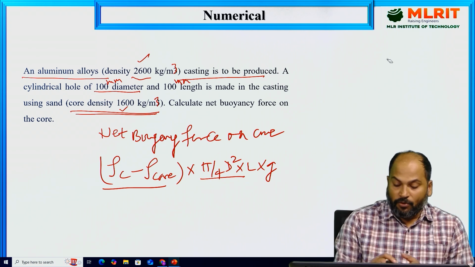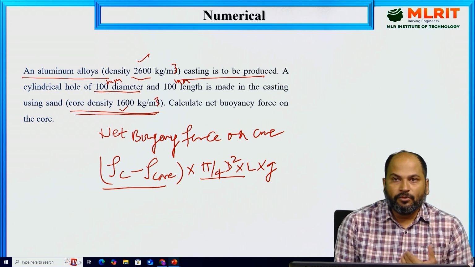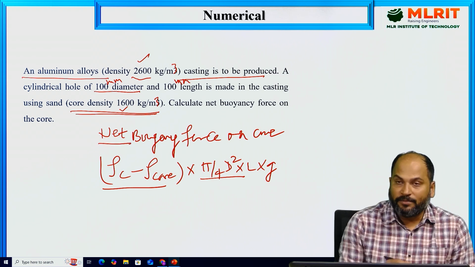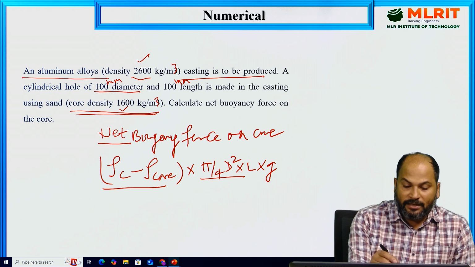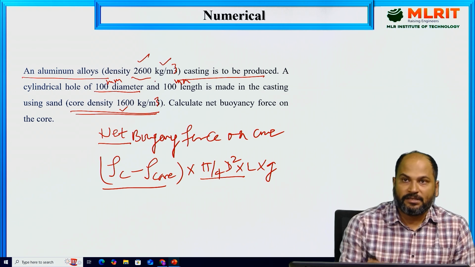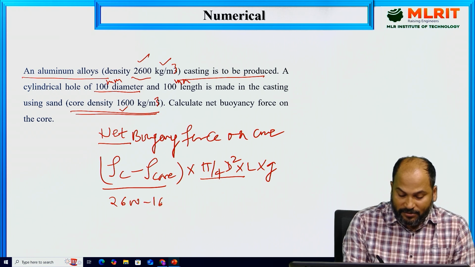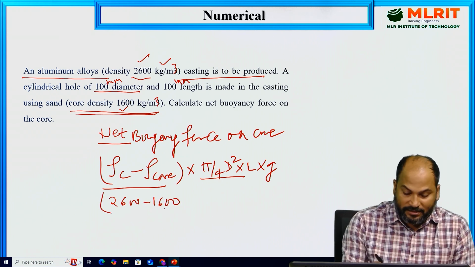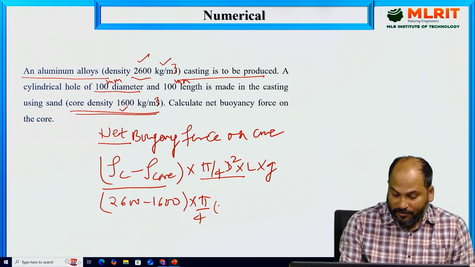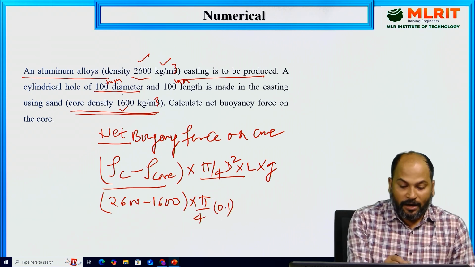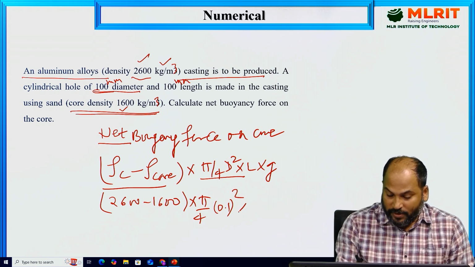Now all the values are given in the problem. We'll directly put in the values and calculate. The answer will be in Newton, so we convert all units to SI. Rho C is given in SI units, so no change is needed. It will be 2600 minus 1600, into pi upon 4, and the diameter will be 0.1 because it is 100 mm, so 100 upon 1000, in meters, squared, into length.